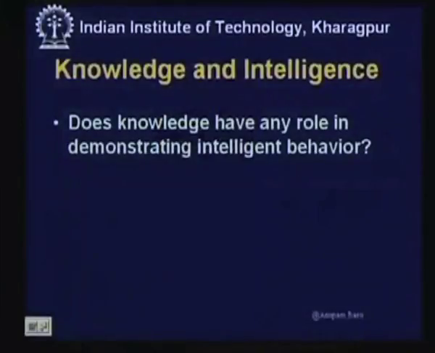Now, what is the role that knowledge plays in intelligent behavior? Let us first try to address the question: does knowledge have any role at all in demonstrating intelligent behavior? I know that this is a debatable issue.